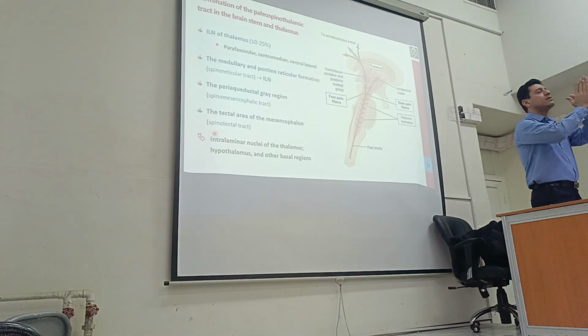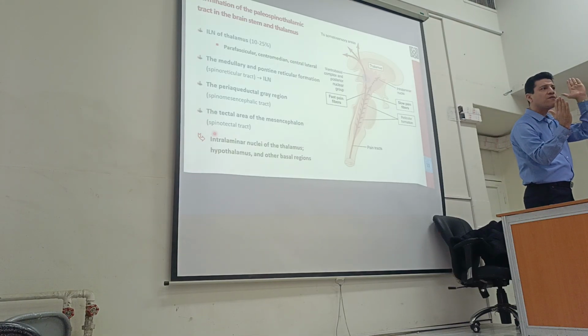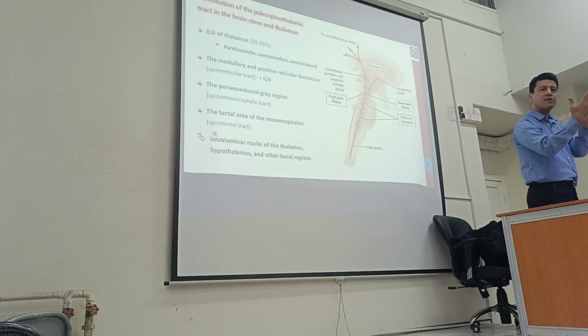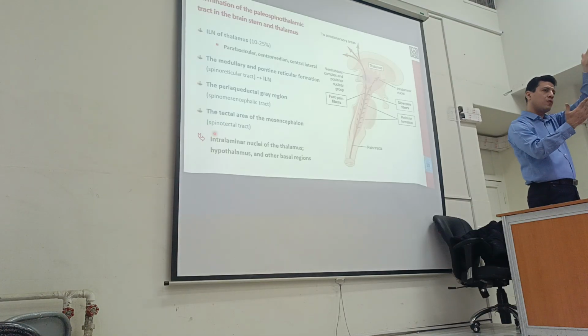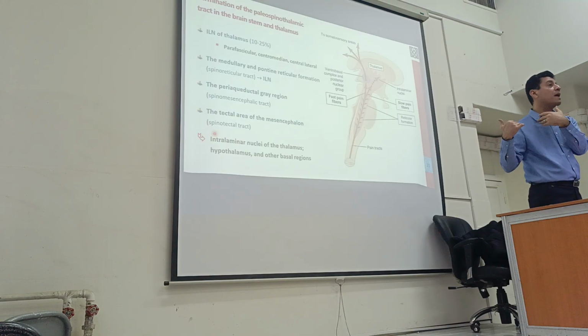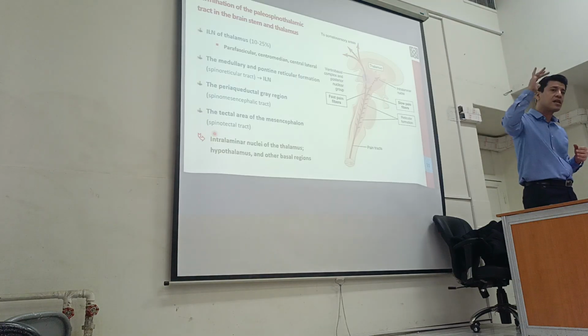So we have 2 pathways for transmission of pain, one for fast pain, the other one for slow pain. Most of the fibers in neospinothalamic tract go to thalamus, then from thalamus to cortex, but most of the fibers in the paleospinothalamic tract go to the reticular formation in several areas.